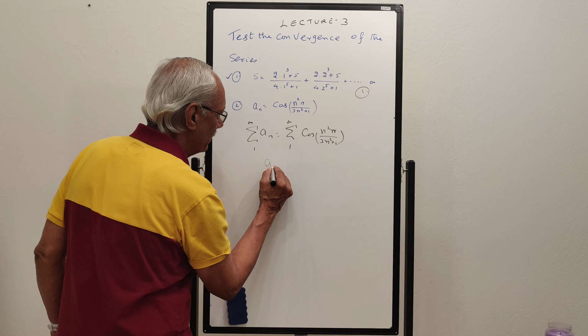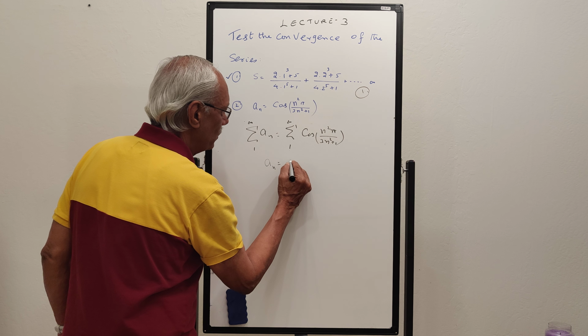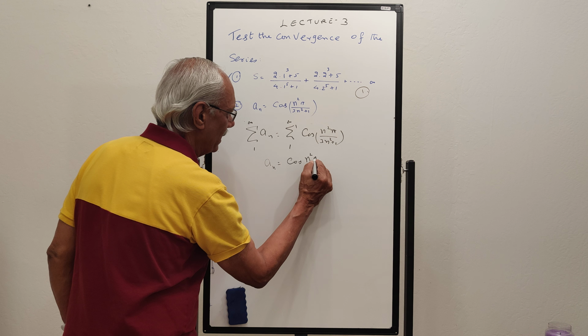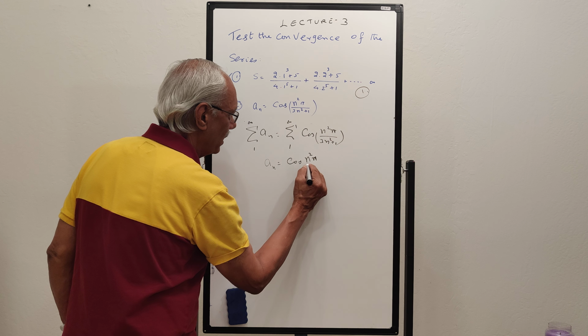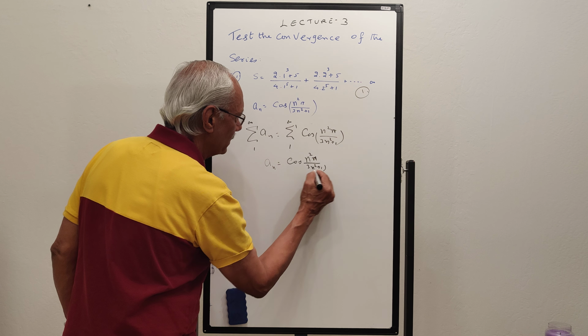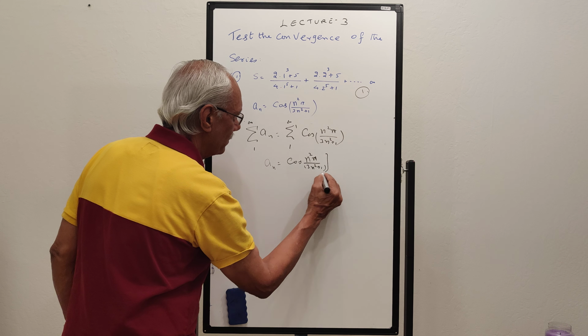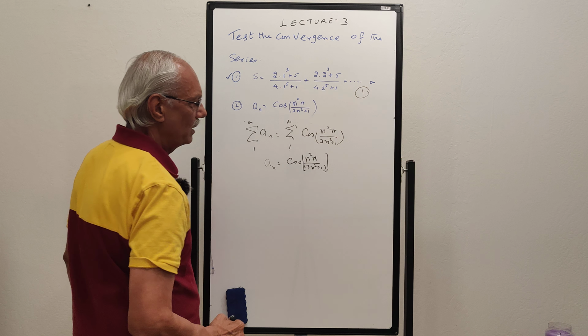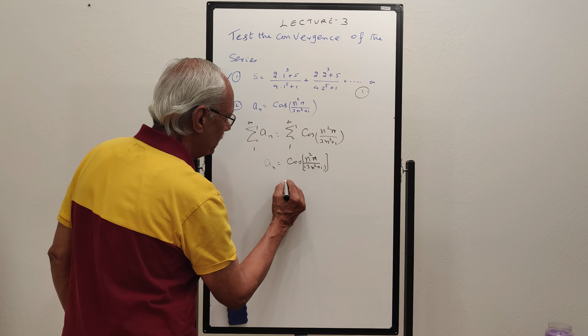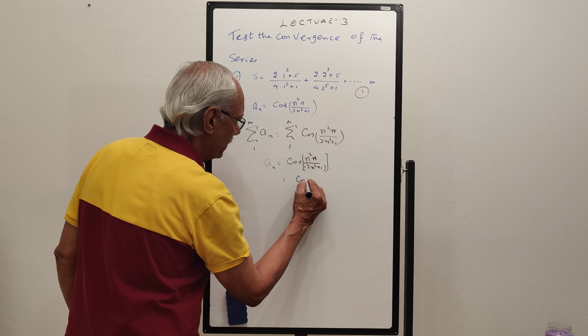Now what is your an? An is equal to cos of n squared pi divided by 3n squared plus 1. Now what do you do here? This is very simple.